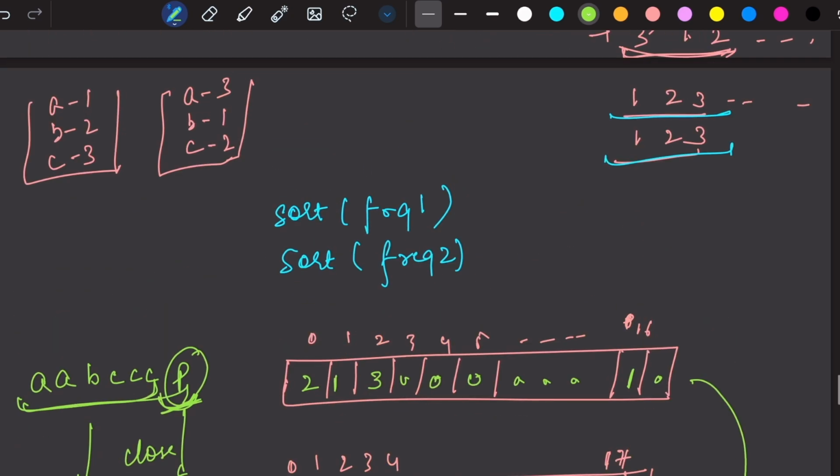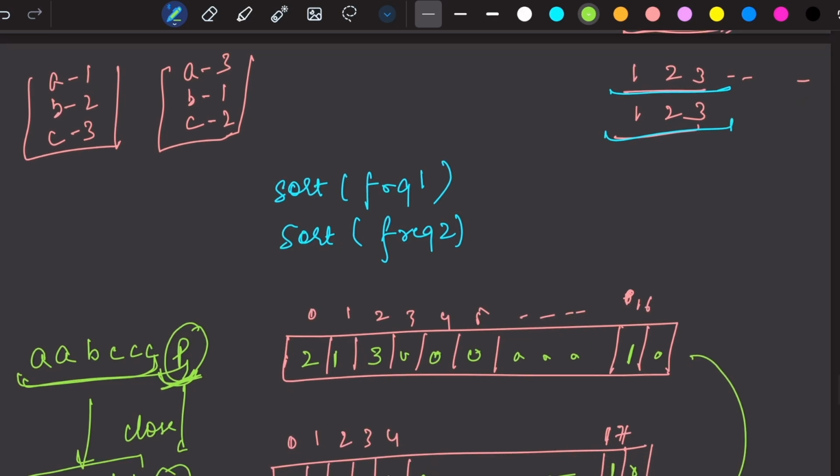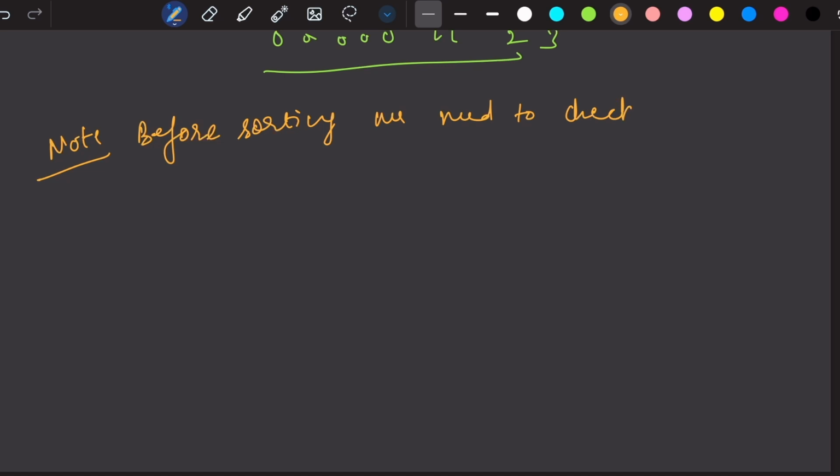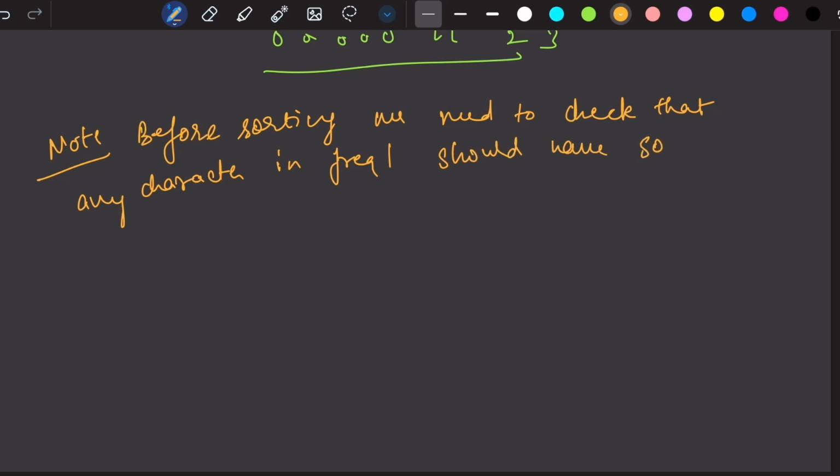So before sorting, what do we have to check? Before sorting, we need to check that any character in frequency 1 should have some frequency in frequency 2, or let us say S2, right?